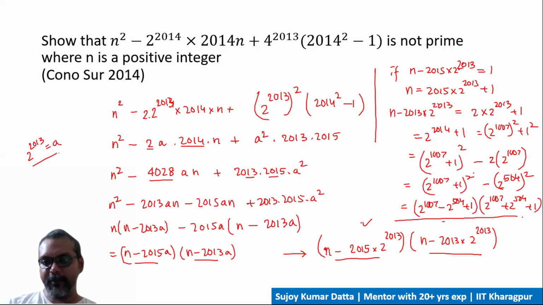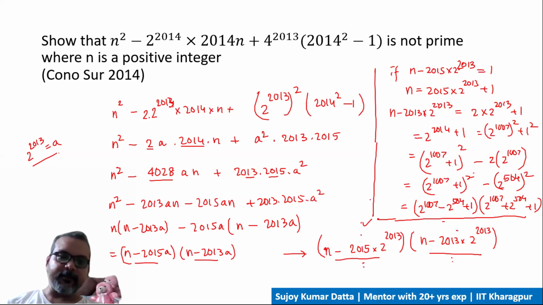And therefore this is not prime. So that means if you have two factors, that's fine. But then one of the factors could have been 1 and then the other could have been prime. Even in that case, with 1 this is not going to be a prime number. So that means you are always going to get a product of two or more prime factors. So hence it is not a prime number.